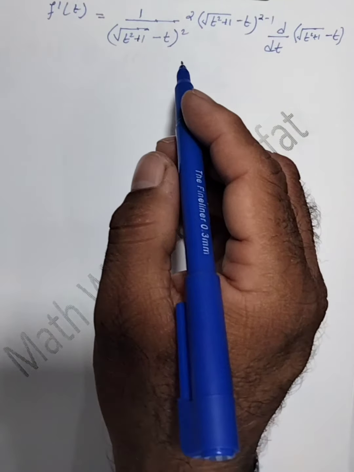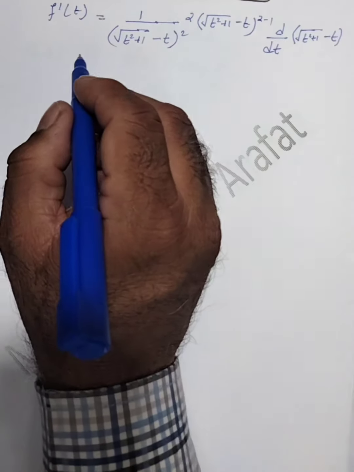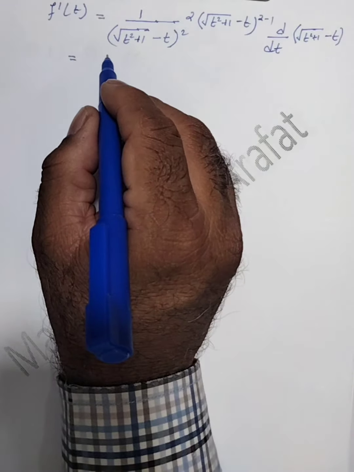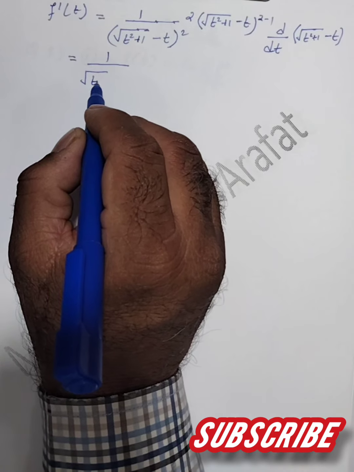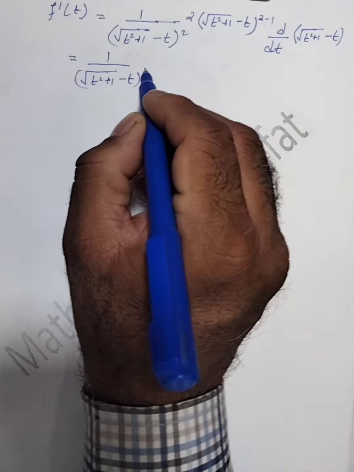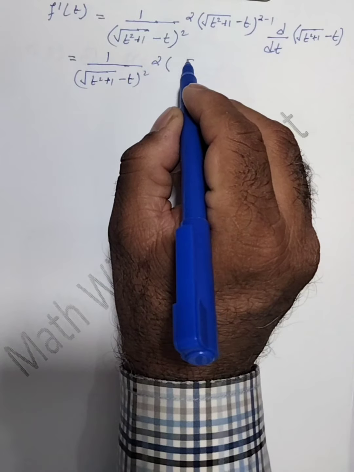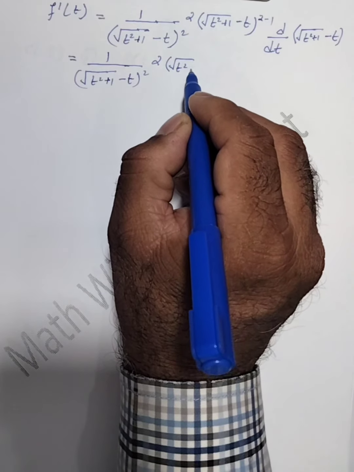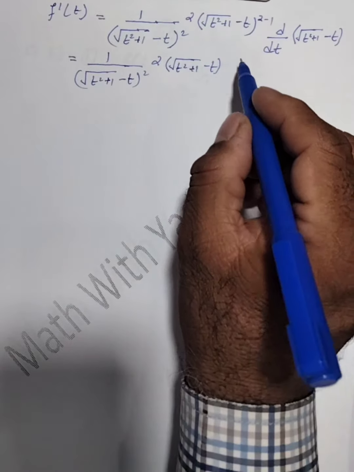Now continue the next step with the same question. So this is 2 minus 1, which equals 1, and this is t square plus 1 minus t to the whole square, and this is 2 times the radical of t square plus 1 minus t, 2 power 1 means 1.